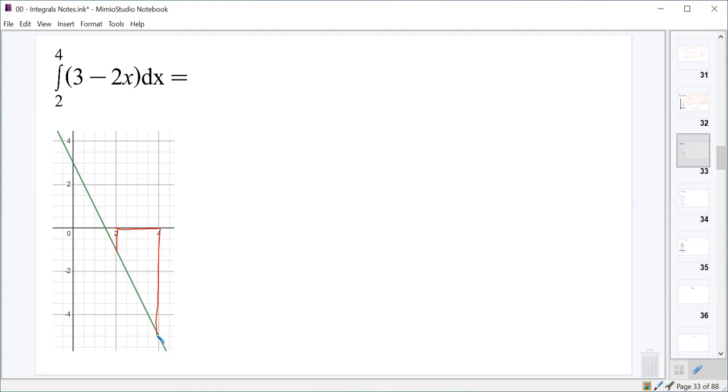We've got delta x is going to be equal to b minus a, 4 minus 2 over n, or just 2 over n. And x sub k ought to be my a value, which is 2, plus k times delta x. And we'll throw this into our limit and our summation.